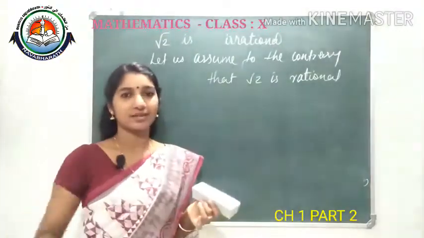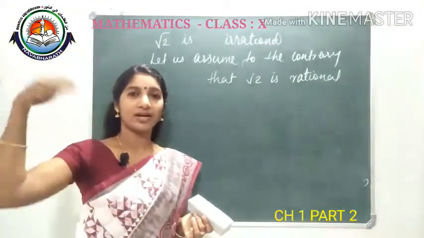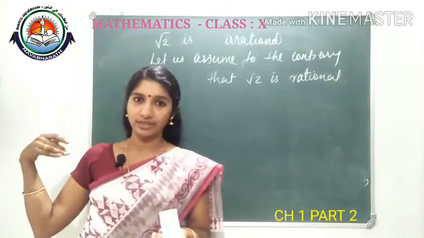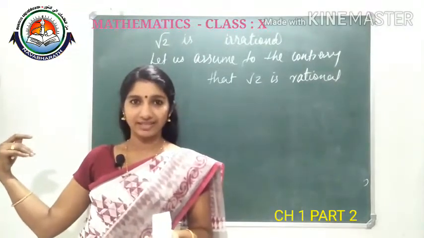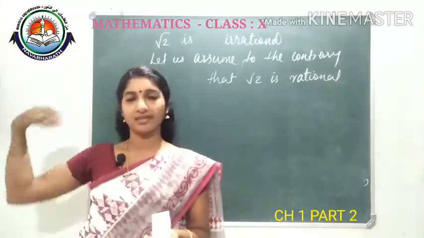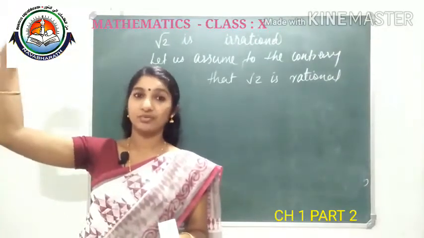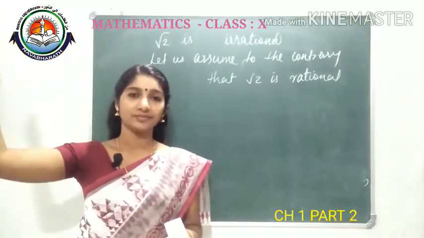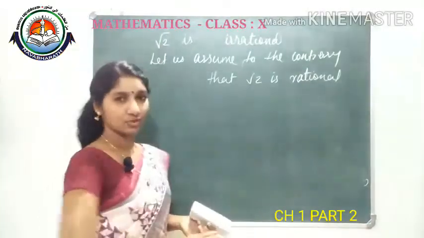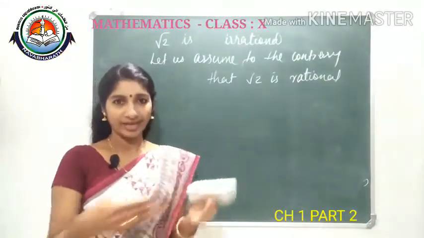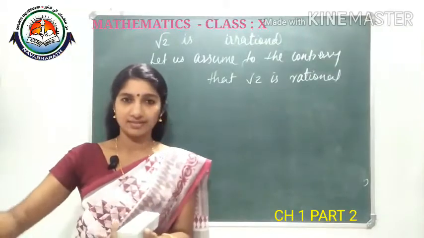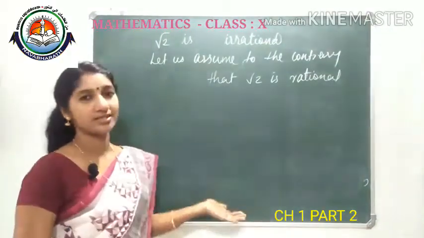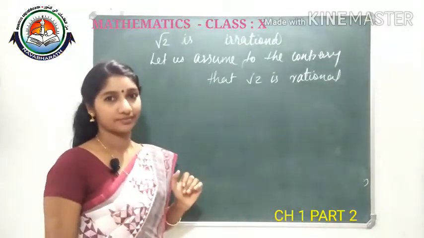So this method is called contradiction method, means what actually we need to prove, its opposite we are assuming and following, and finally we will get a wrong information, then we will check why we got this wrong, because our assumption was wrong, that's why this wrong situation happened. This way of proof we are calling the contradiction method. So we are giving the proof for this one by contradiction method.